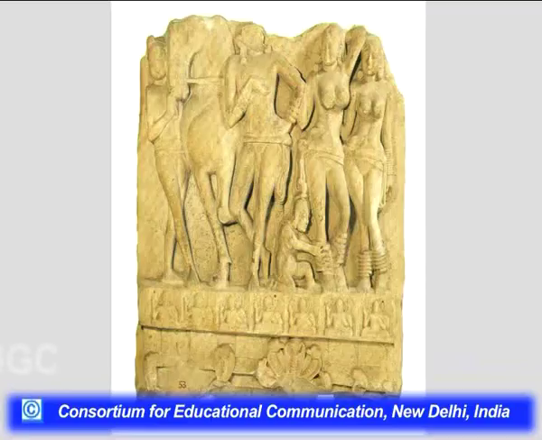Right. This is an unidentified scene, but it shows a woman whose anklets are being removed or put on by a diminutive person, while a man with a horse is seen at her side.